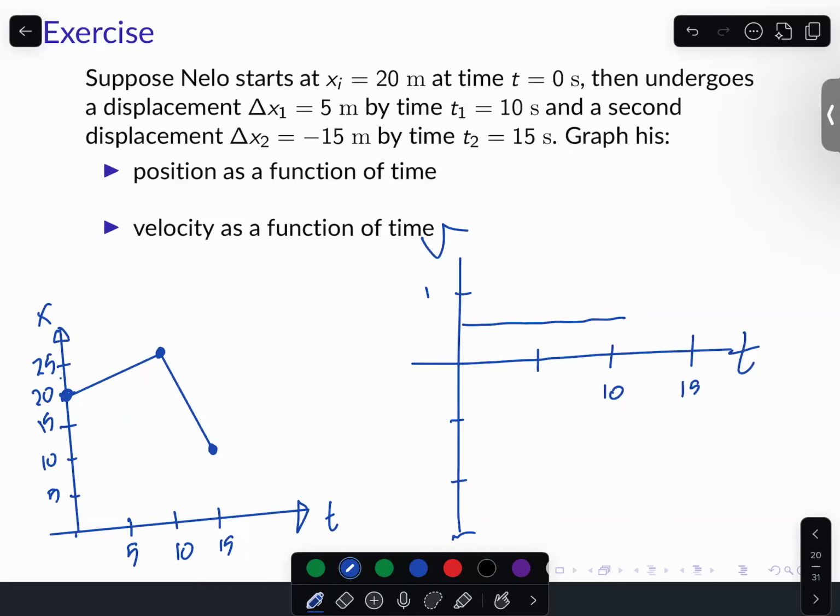There's the first part of your velocity graph. It's actually really simple, right? If you have a steady slope, you're not changing your velocity. If you're not changing your velocity, you got a horizontal velocity value line. It's 0.5 and staying 0.5. Bam, that's the first part of the velocity graph.